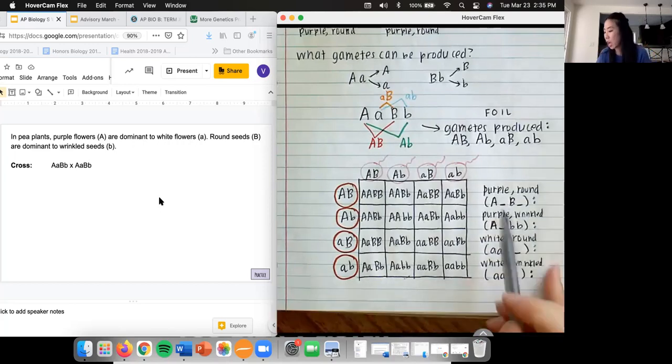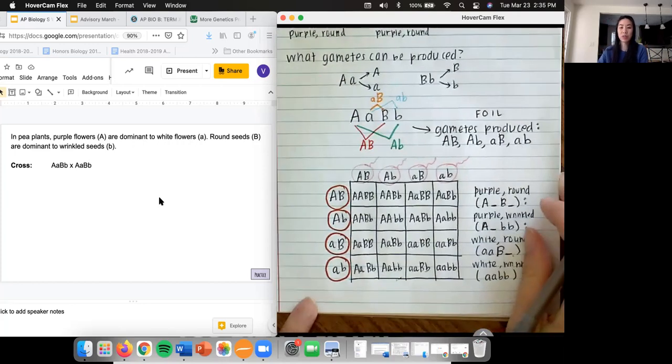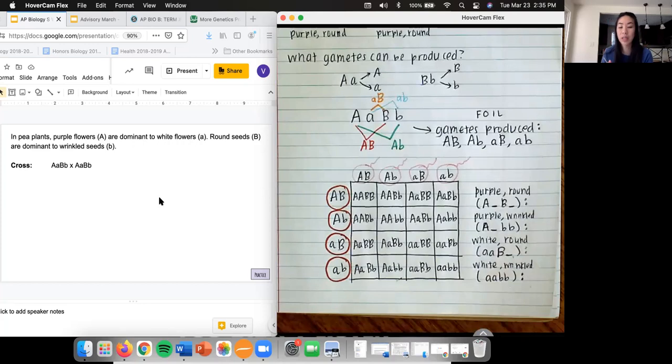All right. Second option is purple and wrinkled. So big A dash, but since wrinkled is the recessive, little b. White and round, little a, big B dash. And then finally, how many of them will be white and wrinkled? So both recessive, it would be little a, little b. All right. Now you can pause and just look at each option yourself.